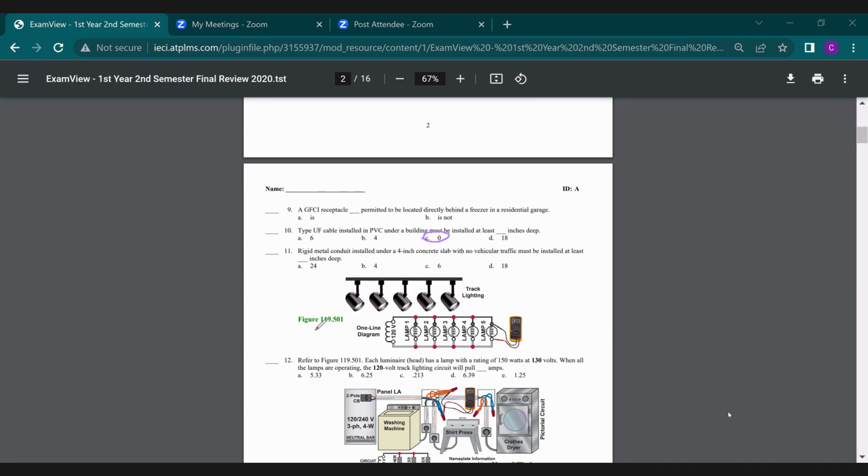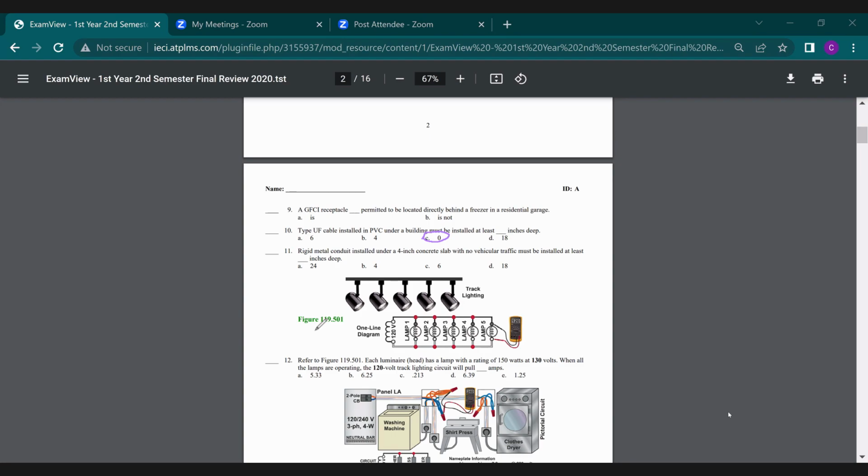Now, with that, it's kind of the same thing, column 1 and column 3, because type UF cable can't be buried under a building unless it's in some kind of raceway. So realistically, your type UF or your direct bury cables would be protected by something else anyway.